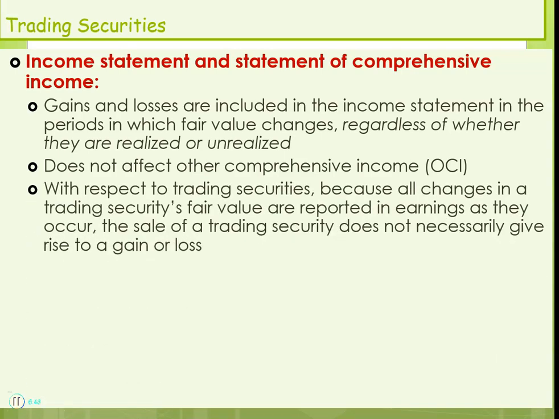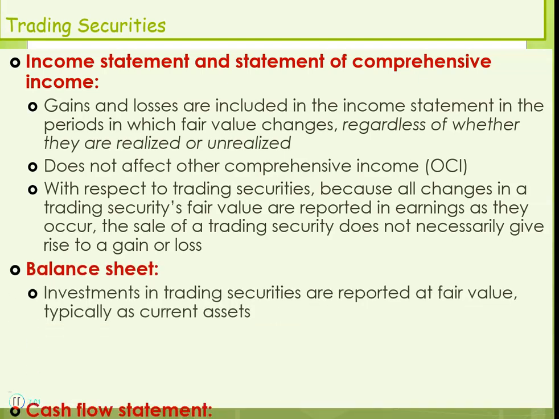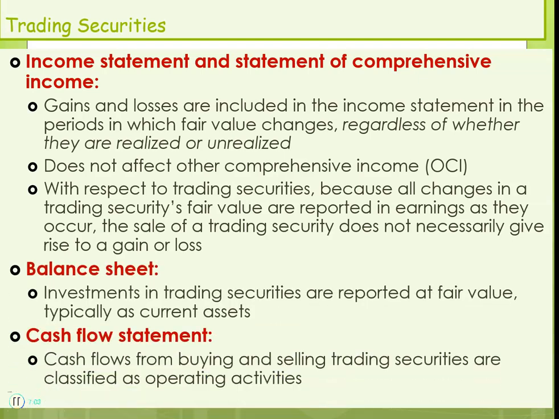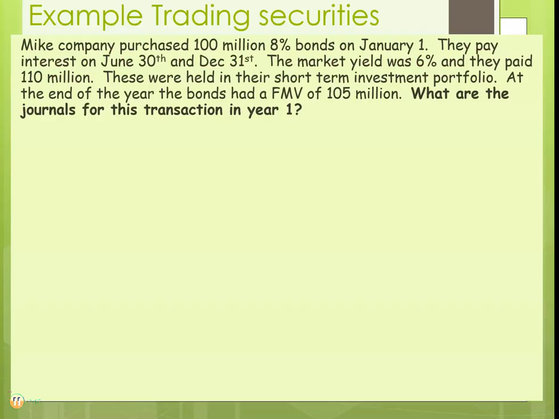With respect to trading securities, because all changes in a trading security's fair value are reported in earnings as they occur, the sale of a trading security does not necessarily give rise to a gain or loss. On the balance sheet, it would be a current asset, and for cash flow, since it's a current asset, it would be shown as part of operations.